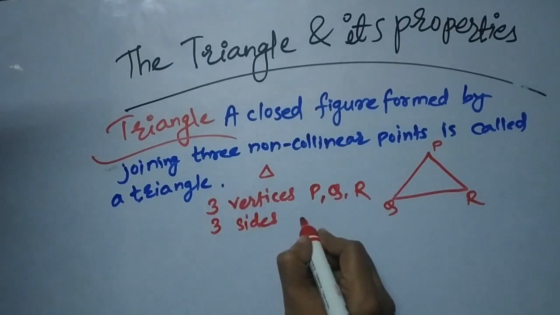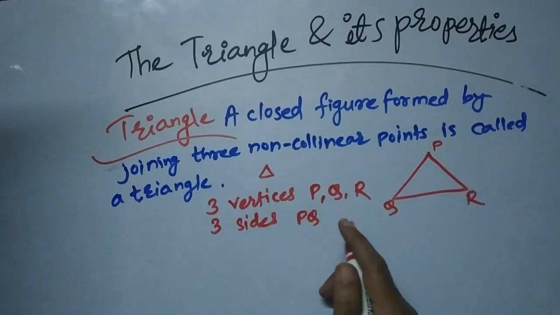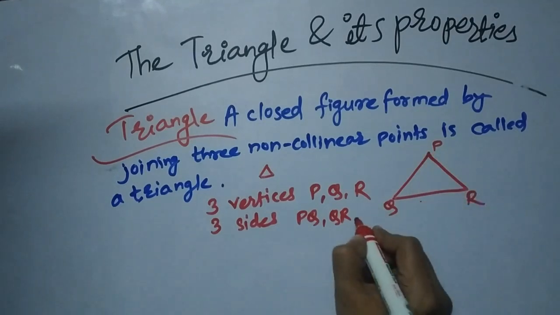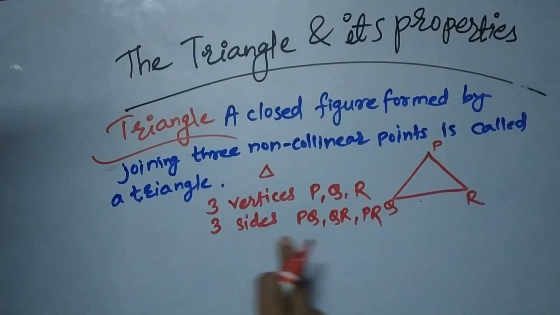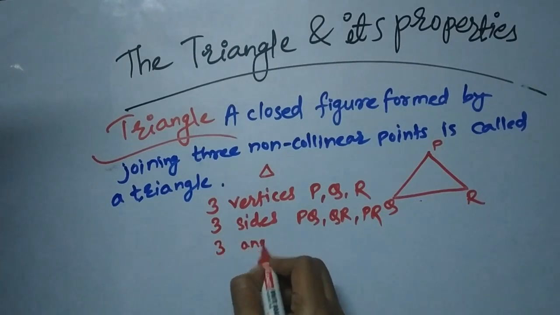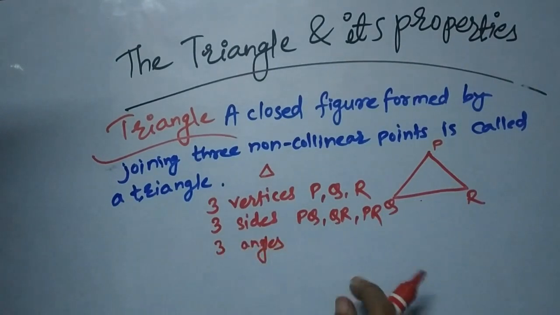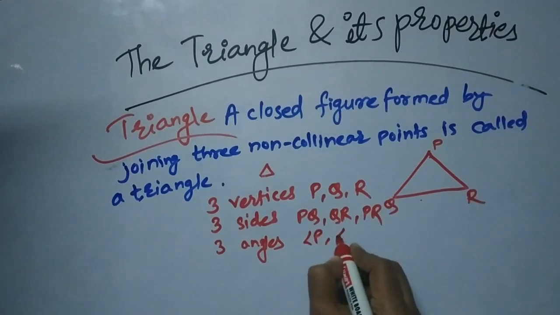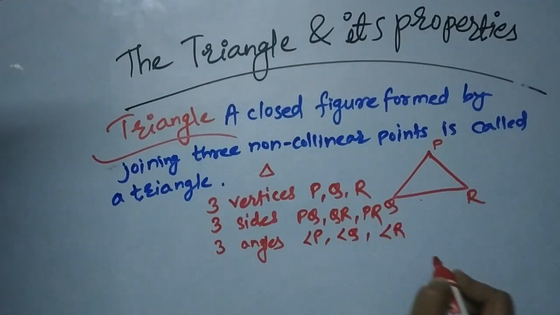You can see the sides PQ, this side. Again we have the QR side, this side, and we have the PR side. So friends, here are the three sides. And you can see here are the three angles. So friends, the three angles are this angle P, angle Q and angle R.